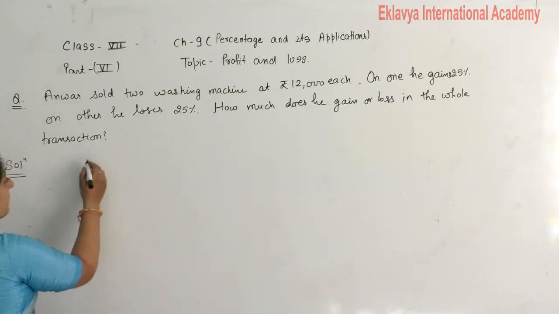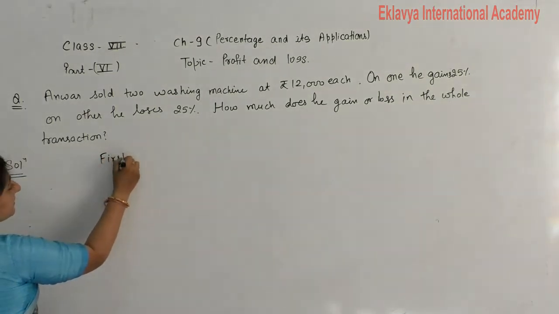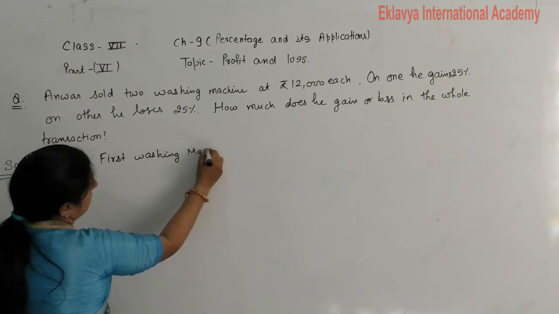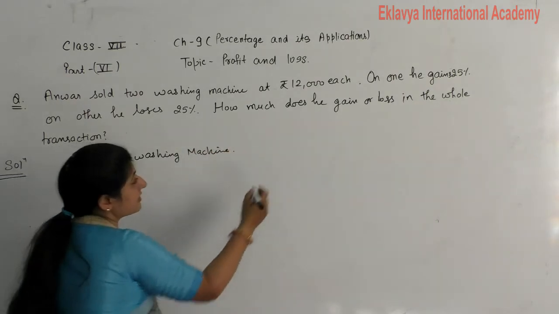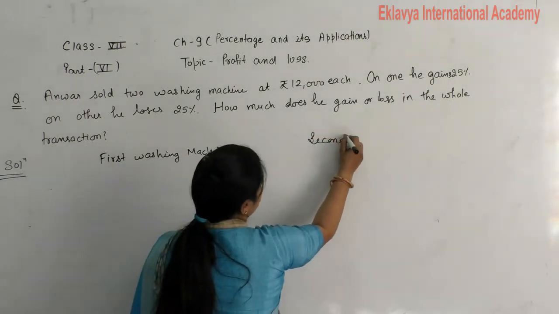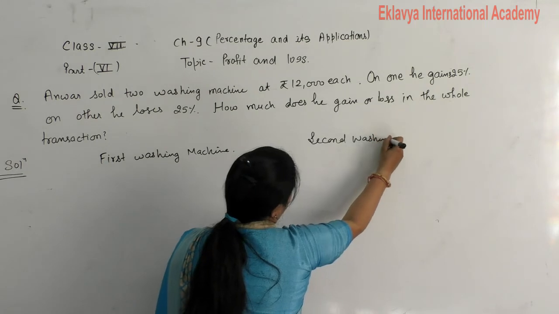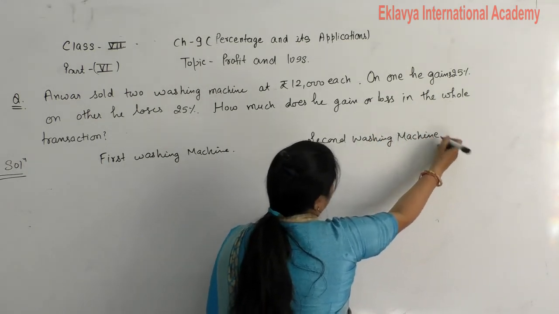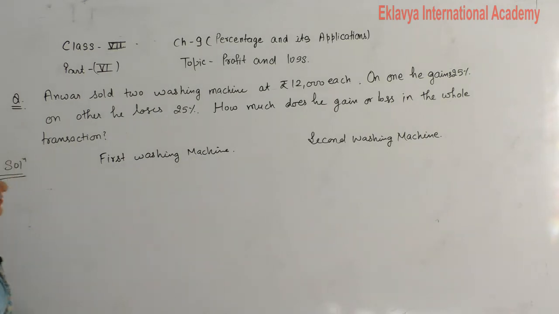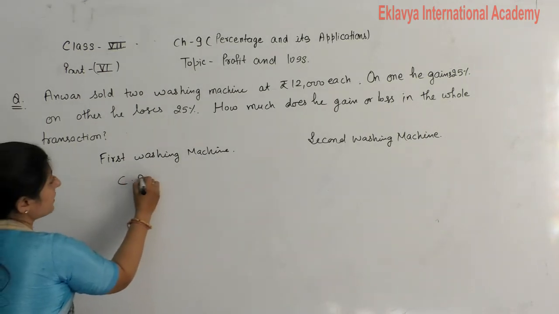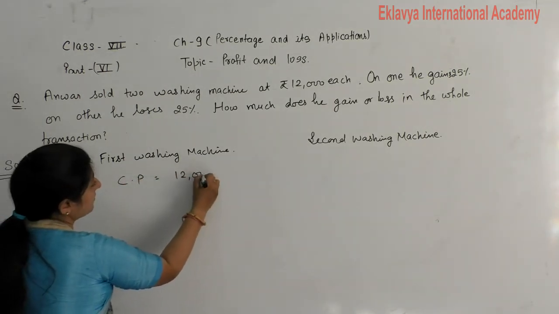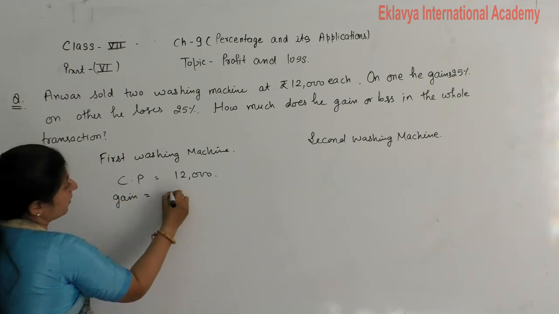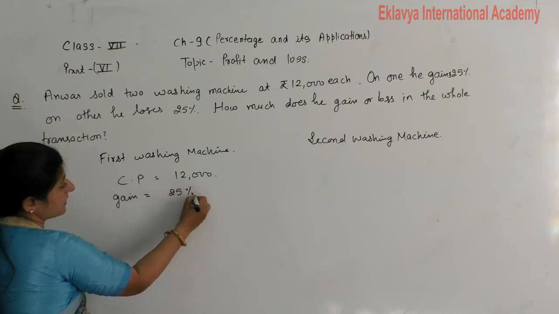So if we talk about the first washing machine, and here we write down second washing machine. In the first washing machine for Anwar, CP is equal to 12,000, gain is equal to 25%.